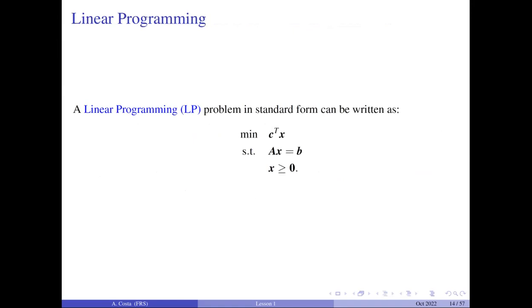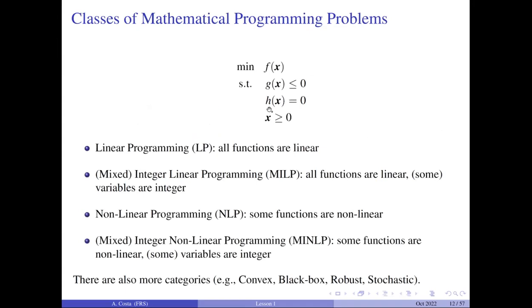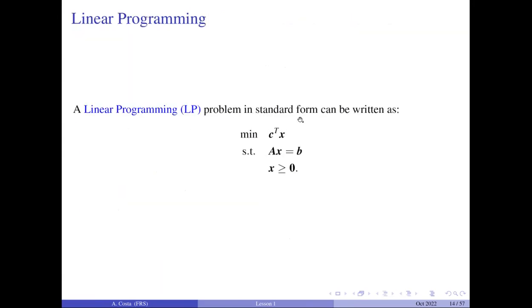Let's look now at linear problems, because this formulation is very generic, good to describe all these classes, but linear problems can be written like that. So we minimize or maximize, it is the same actually, a function c transpose x. c transpose x means you have a vector, so c and x are vectors, A is a matrix, and b is another vector.